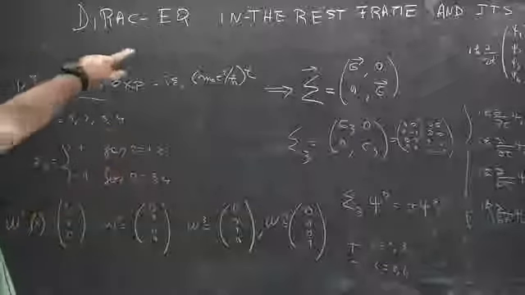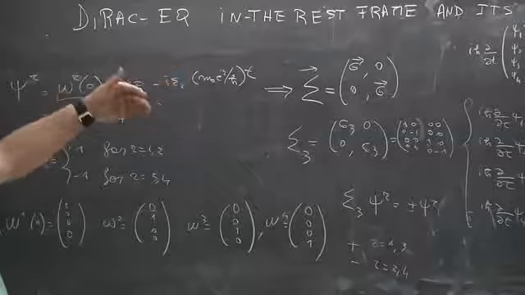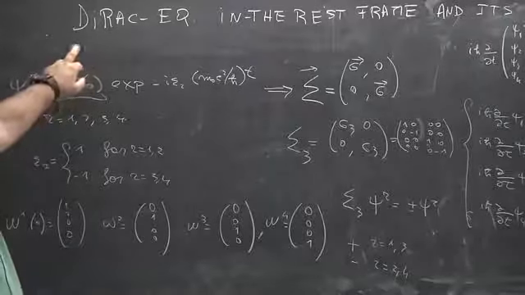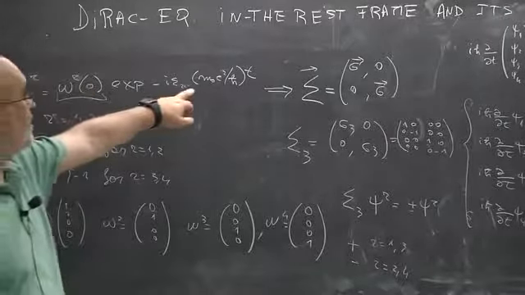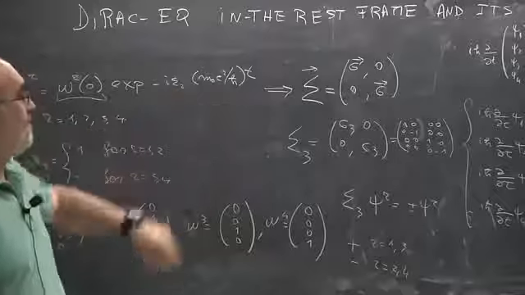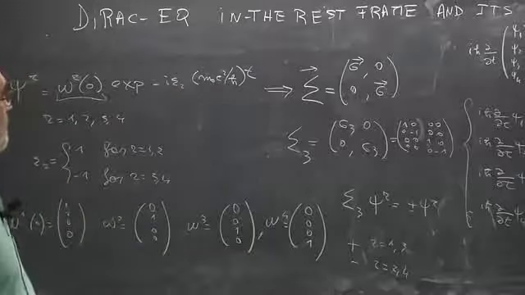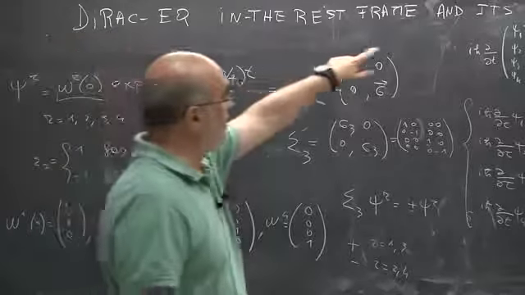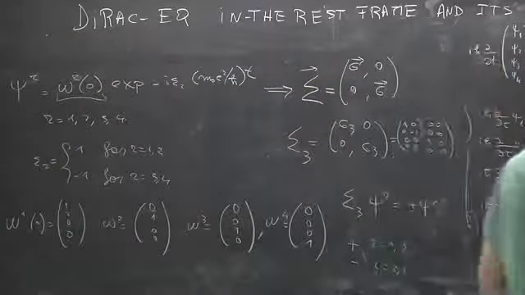No, this is for the rest frame. Now we will go and do it for a massless spinor, for the massless Dirac fermion. This is not massless. You see, it has a mass here. So this is the solution for what is above there: the Dirac equation in the rest frame and this solution.